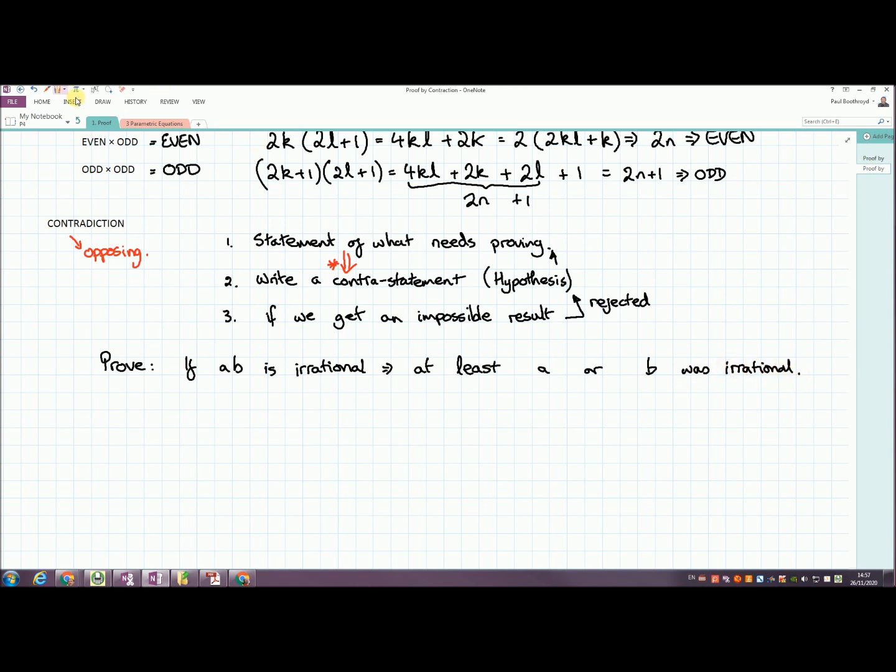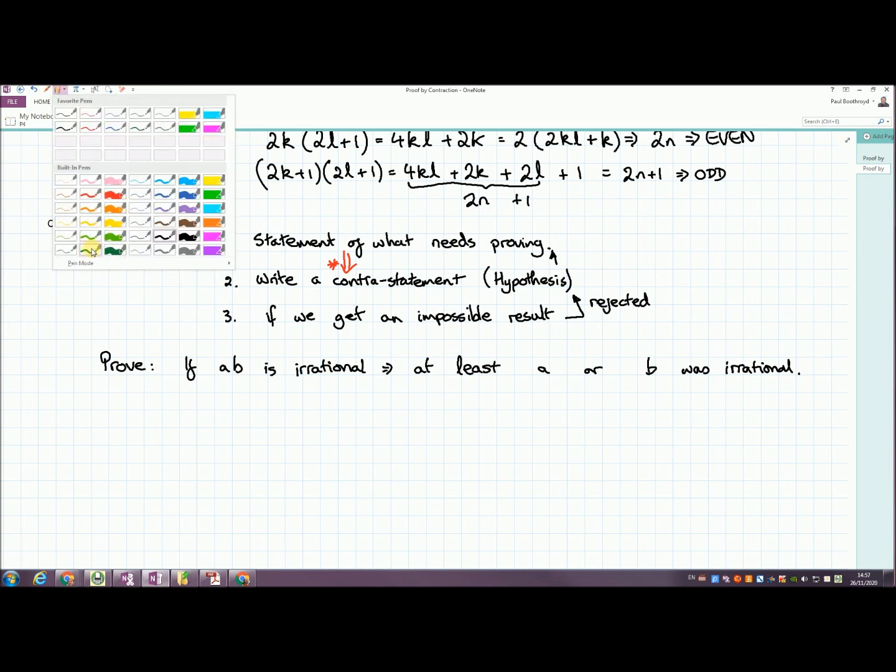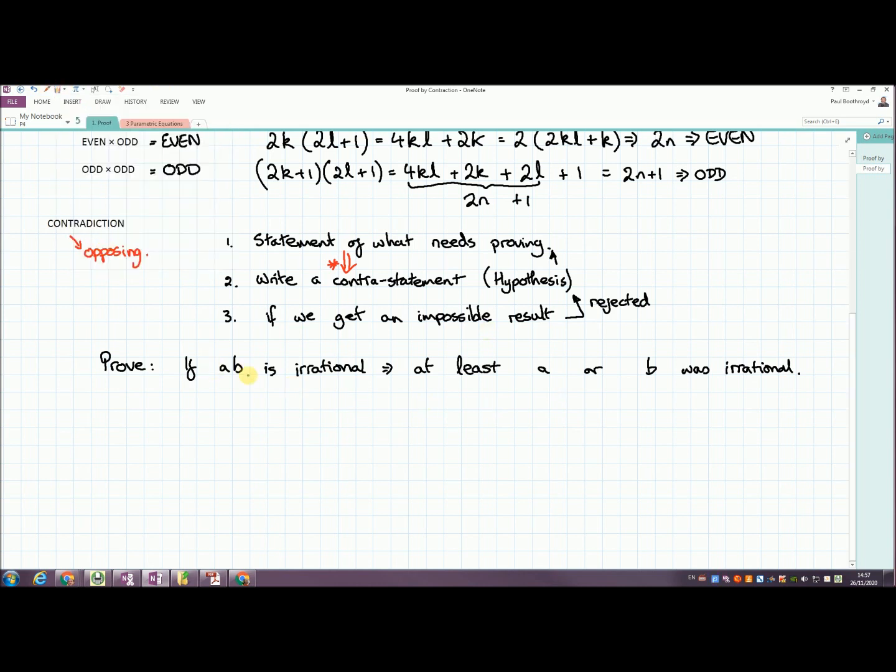Let's think about what they were saying in that first. So the first thing they're saying is, if I've got an irrational number, good irrational numbers are square roots of primes. So we're trying to say if something like 3 times the square root of 2 is irrational, which it is, then either A is irrational or B is irrational. And in this case we found it was B that was irrational.